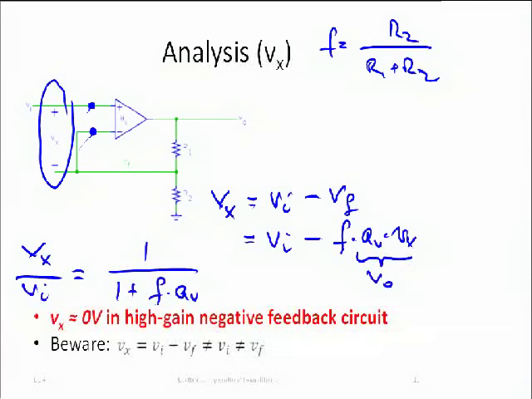Well, what is F times AV? Very big. In fact, if the operation amplifier is ideal, then this lowercase AV is infinite, and therefore F, which is maybe 0.1 or whatever, right? F times AV is still infinite. And consequently, this whole thing is 0.